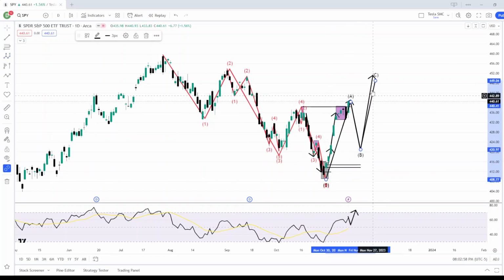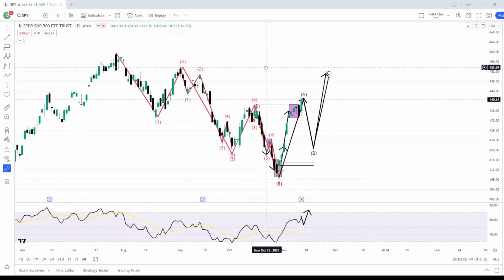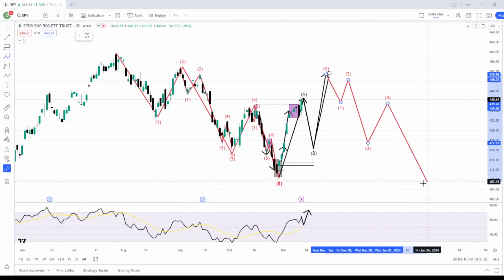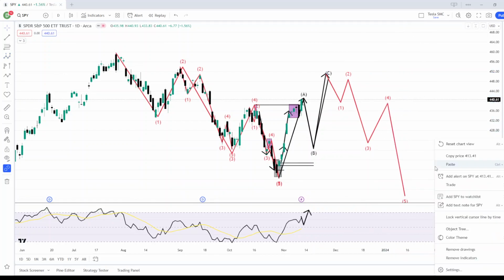So A, B, C, and then that will determine, if we don't get to a higher high and start trading up, then what we're going to see is another 5 wave move to the downside, and that's going to be something like that. No promises on where it gets to, but anyways, it's going to be another 5 wave move to the downside, because we already got 5. We'll get a corrective 3, and then we'll get another 5 wave move, most likely.